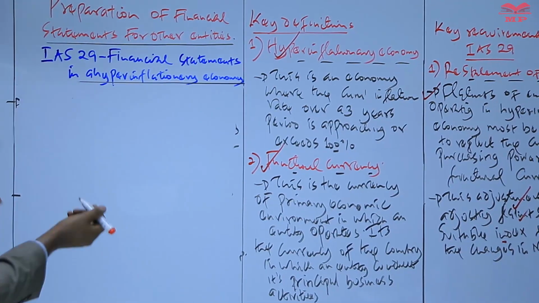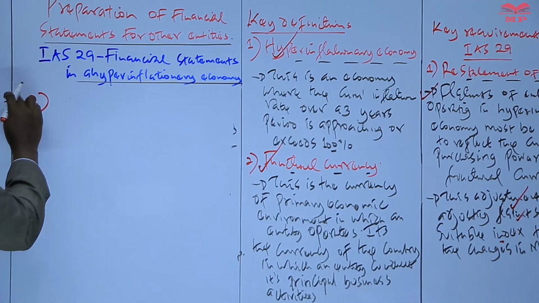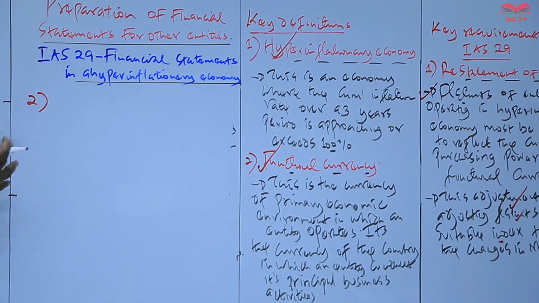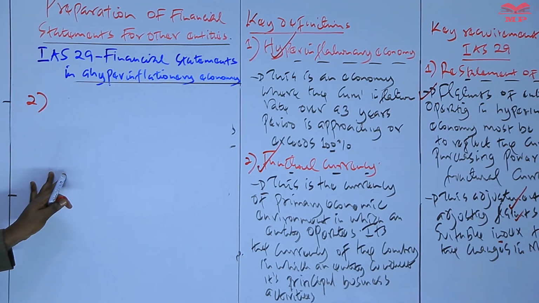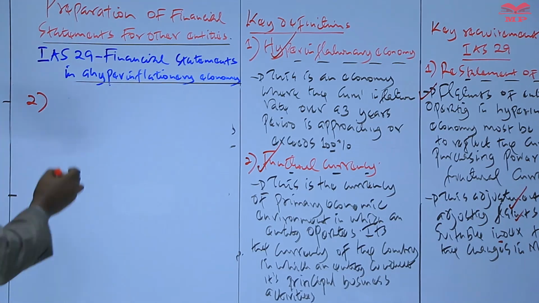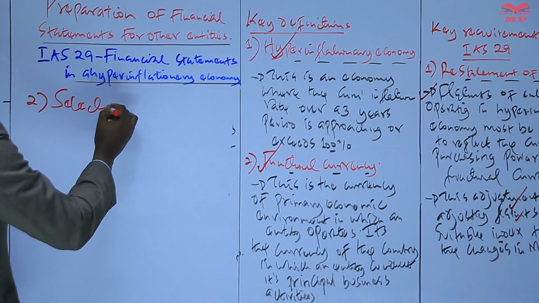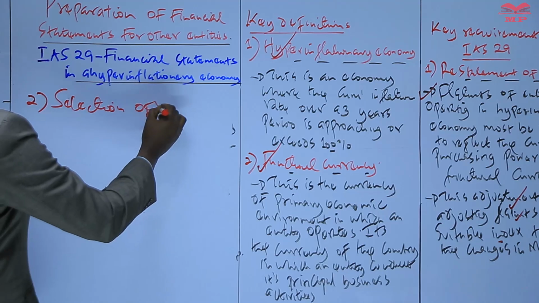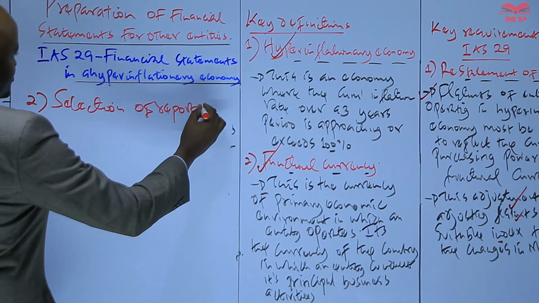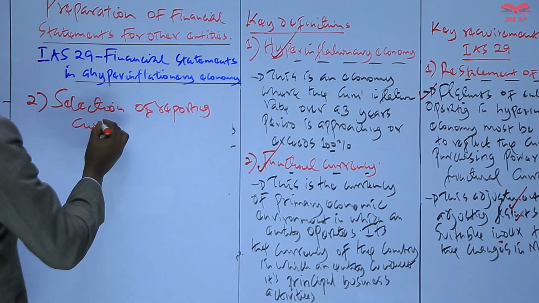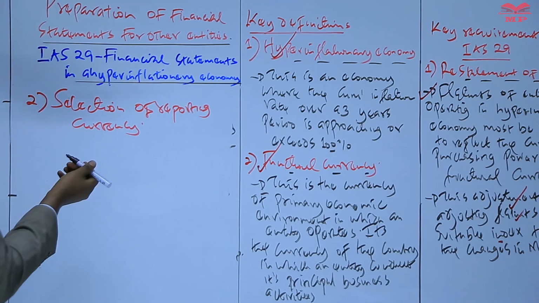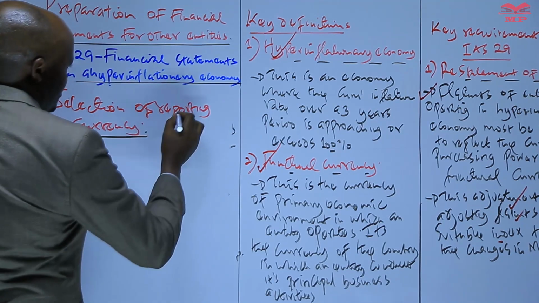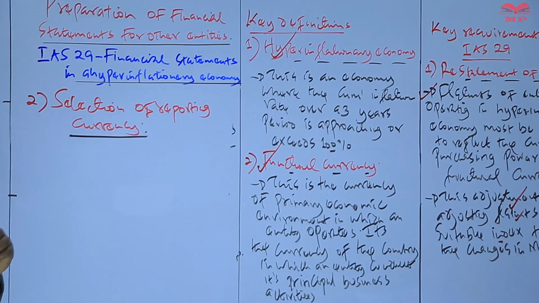So number two, this standard talks of what we refer to as the selection of the reporting currency. When we talk about the reporting currency, in other terms we refer to this as a presentation currency.